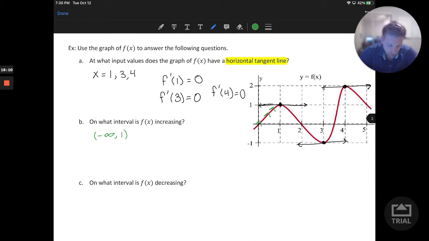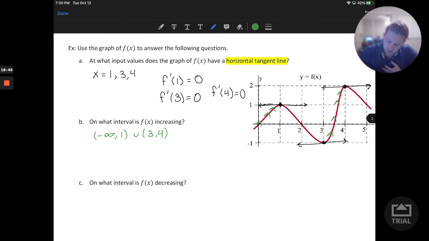And then we'll also have a segment from 3 to 4 that would also be increasing. So we can union that interval with 3 to 4. Notice I'm using parentheses to describe these intervals because at the singular points of 1, 3, and 4, I'm not increasing or decreasing, because I have a derivative equal to 0, or a horizontal tangent line.